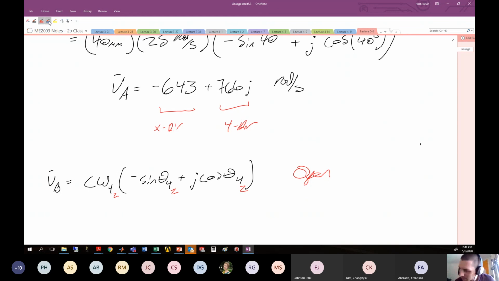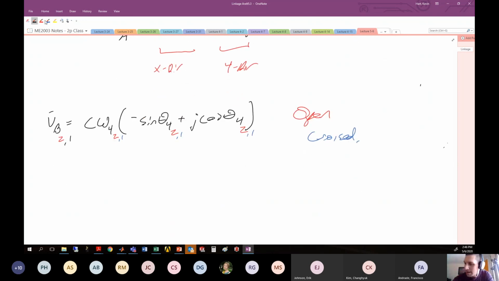If we want the cross configuration, then we'll use the ones. I guess I should have done it the other way, since I drew them the other way, but you get the general point: you pick the one that you want, and the velocity at B associated is either 2 or 1, associated with the open or the cross configurations. Right? So fine. I believe that you guys can punch all those things in.